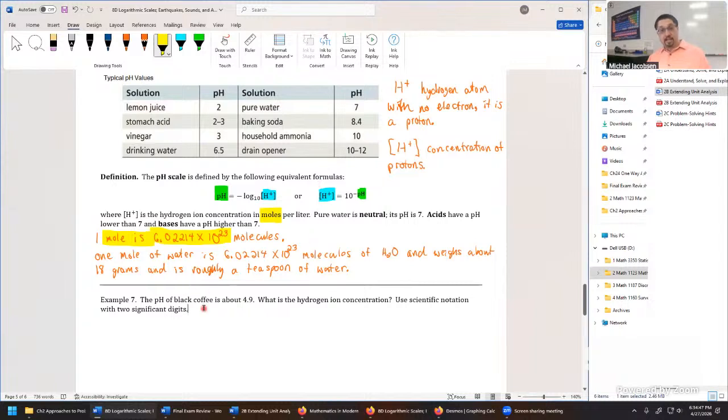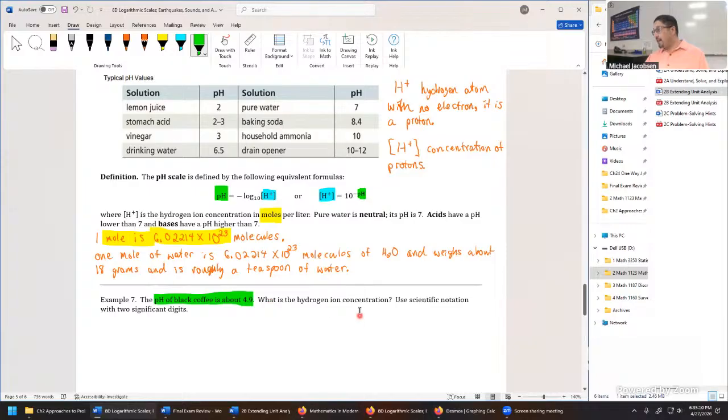And here are some typical problems that come up in the MyLab homework. Something along the lines of, we're told the pH of black coffee is about 4.9. Depending on the coffee, some coffees are more acidic, some are less, but let's assume that on average we have coffee being brewed at that pH at some diner.